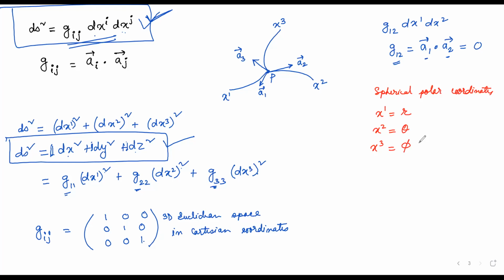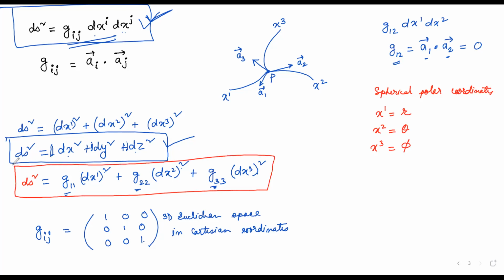Now recall, in such a case, we still have this equation for a line element. Why? Because the spherical polar coordinate system is again an orthogonal coordinate system. That is, the dot product of the basis vector along r and the basis vector along theta is 0. So out of those 9 terms, we have only 3 terms. The 6 cross terms will vanish.